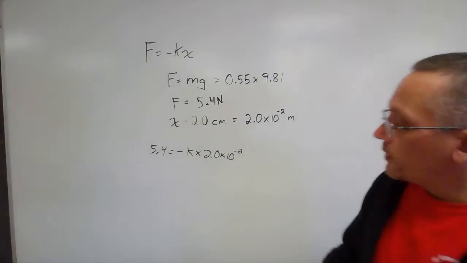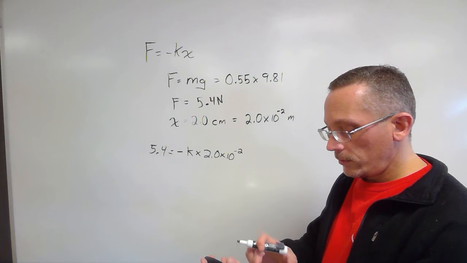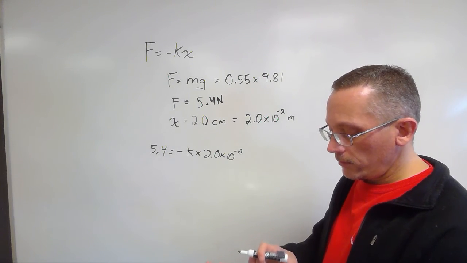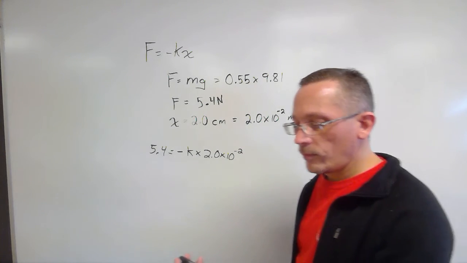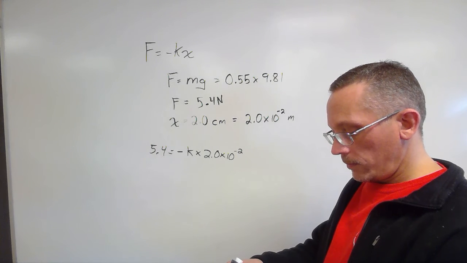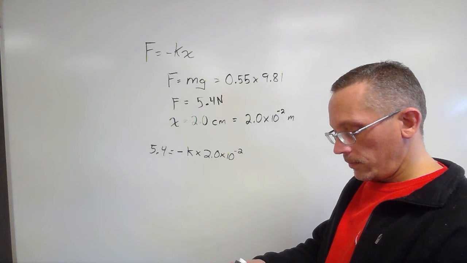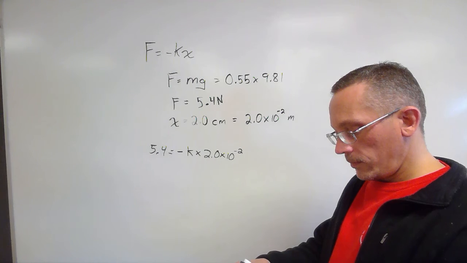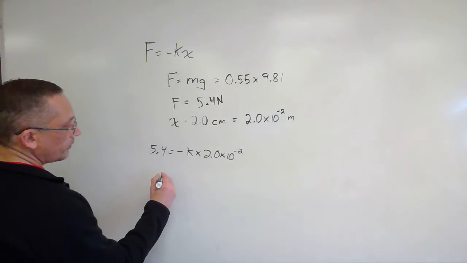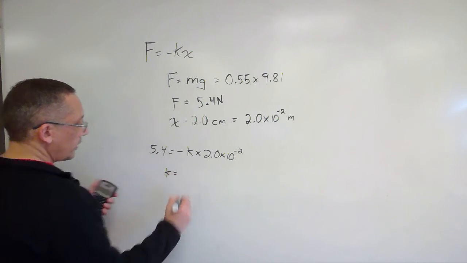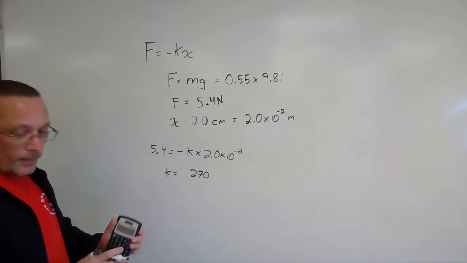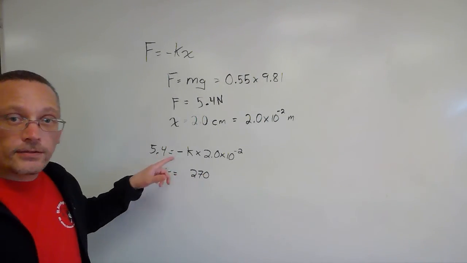So let's take 5.4 divided by 2.0 times 10 to the minus 2. And there I get, with two significant figures, 270.